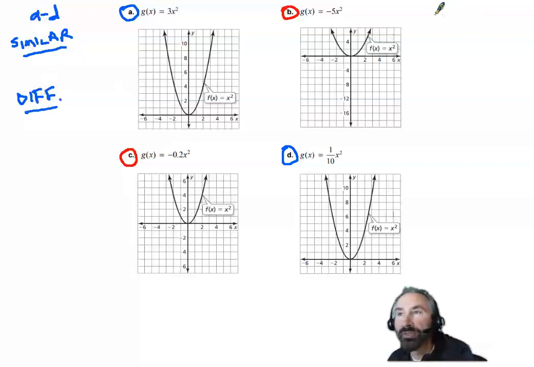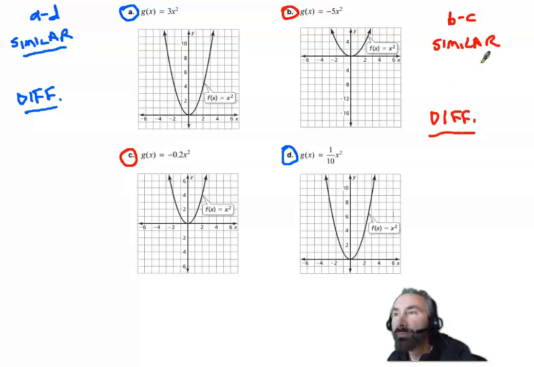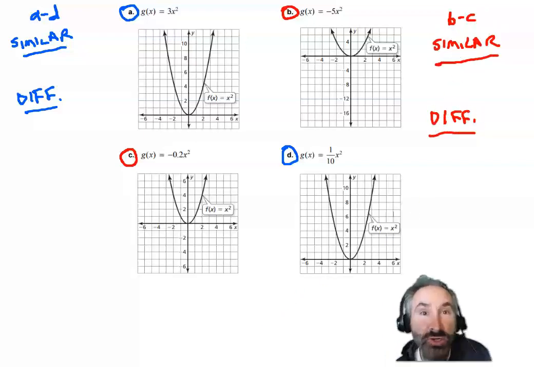And then you'll do the same thing for B and C. So do this over here. B and C, what is similar and what is different.